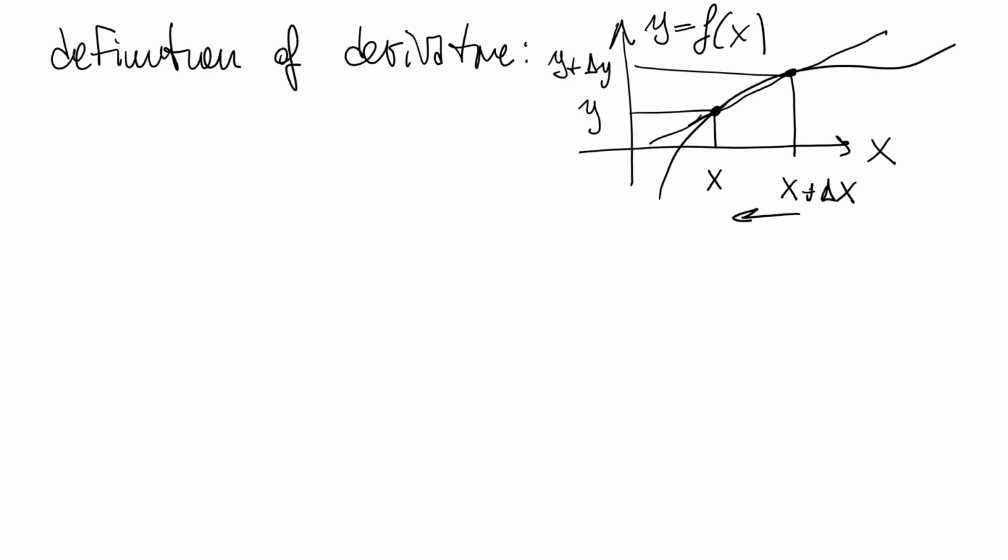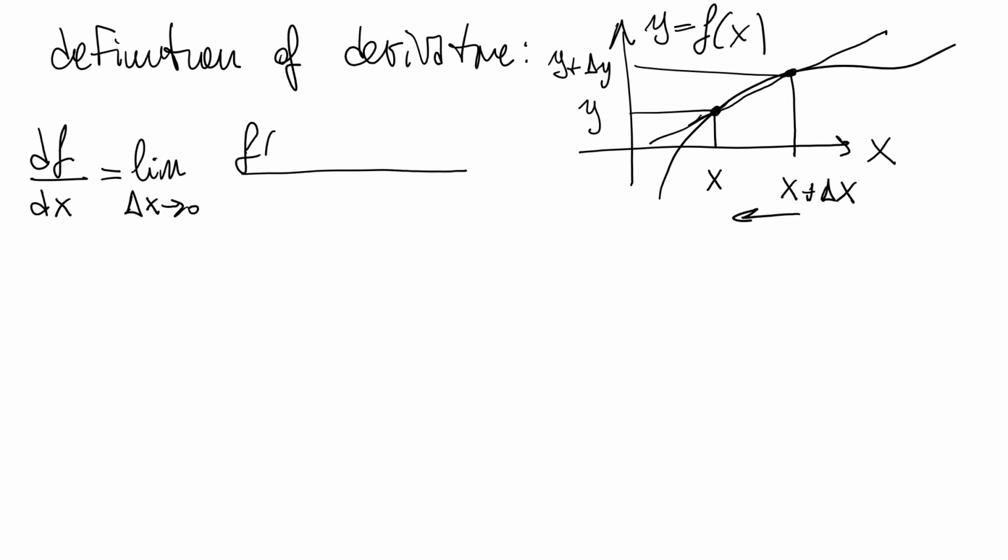So the derivative essentially is the slope here as delta x becomes smaller and smaller, and it becomes a tangent. So df dx is defined as the limit for delta x going to 0 of f of x plus delta x, so this point here, minus f of x divided by delta x.